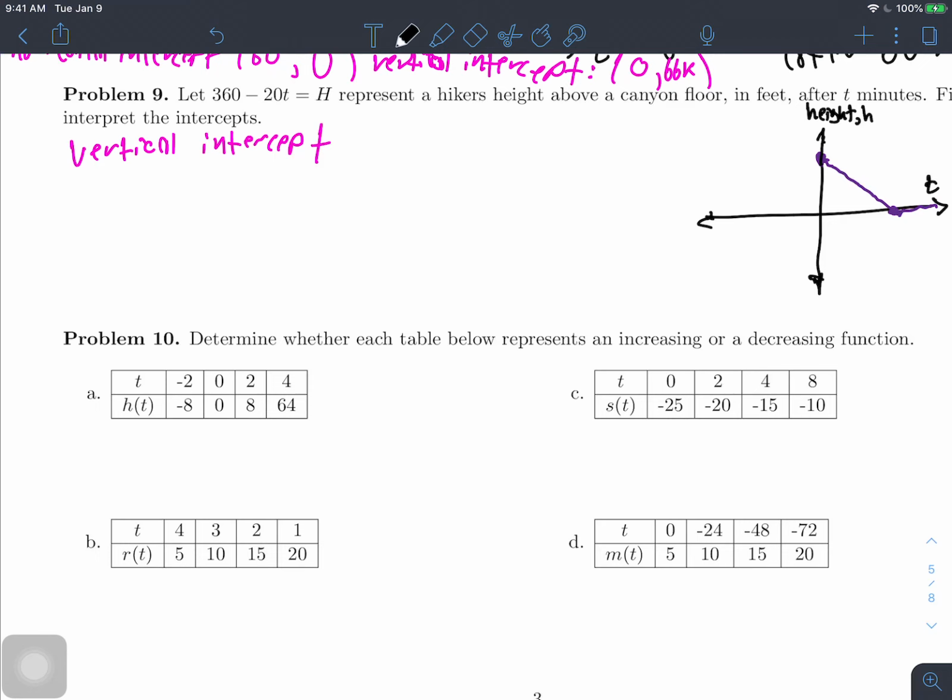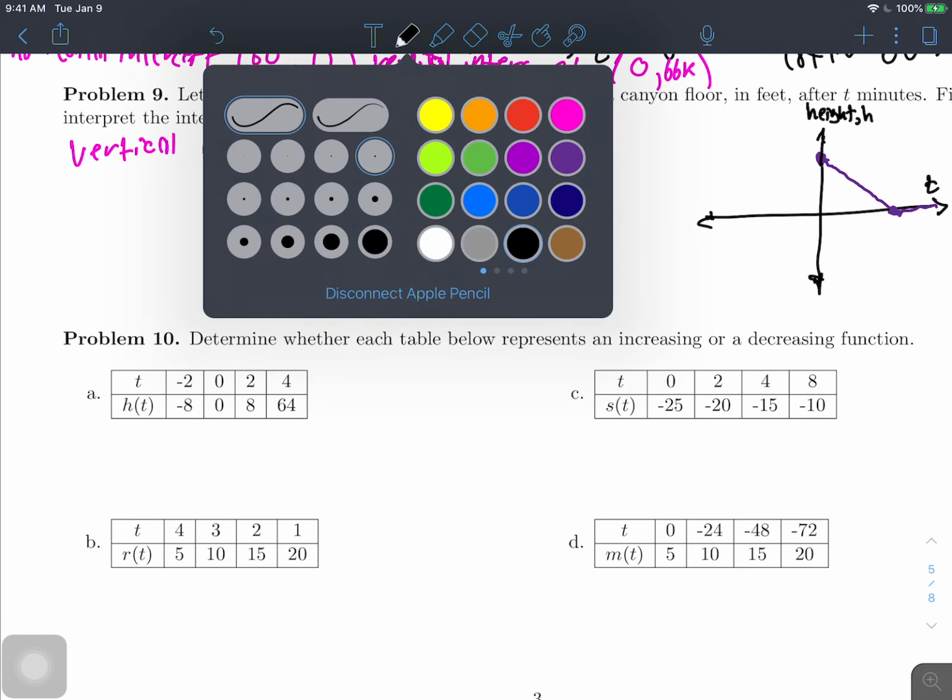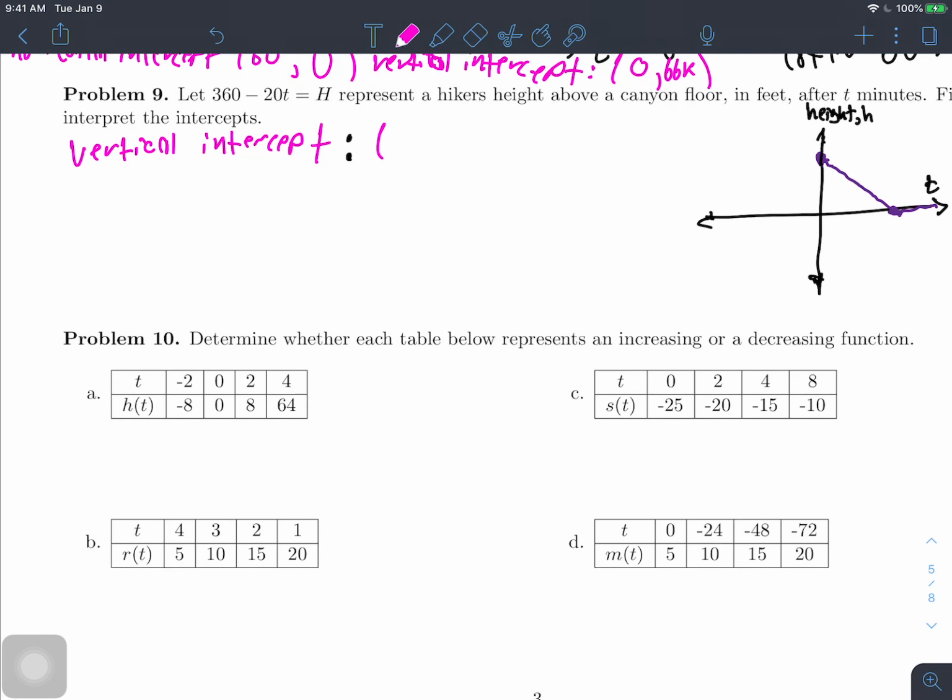And if I have a vertical intercept, don't know why I keep saying asymptote. If we have a vertical intercept, should my ordered pair have the horizontal value equal to 0 or the vertical value equal to 0? We should have our horizontal value equal to 0 because a vertical intercept means we're connecting here with the vertical axis.